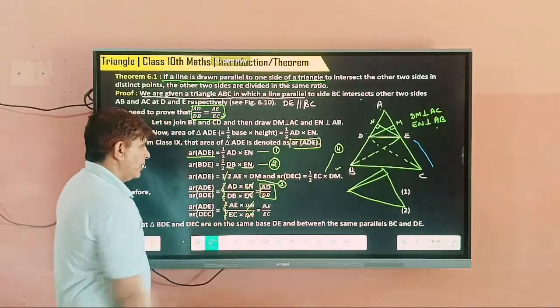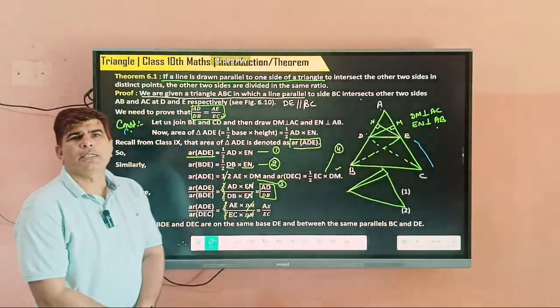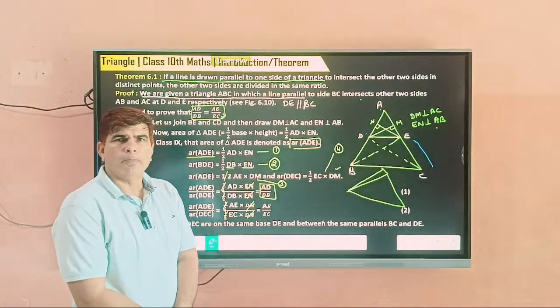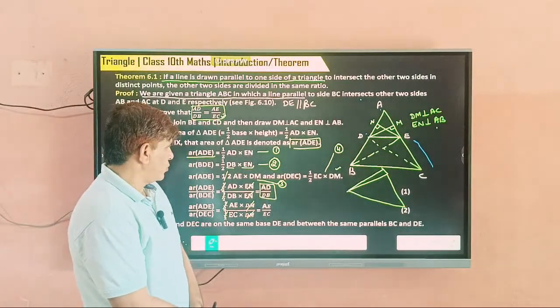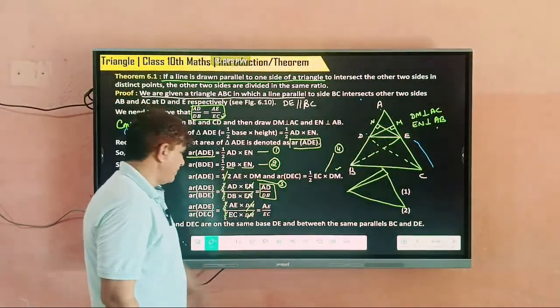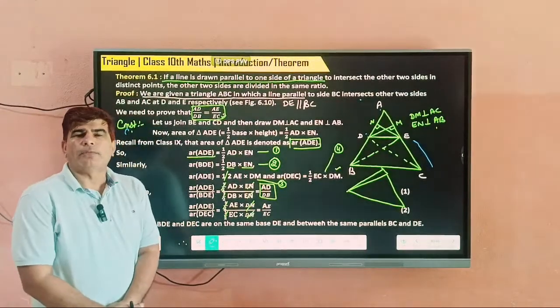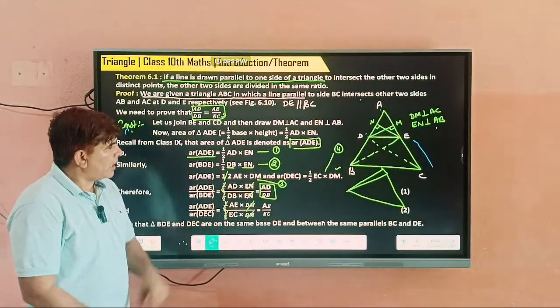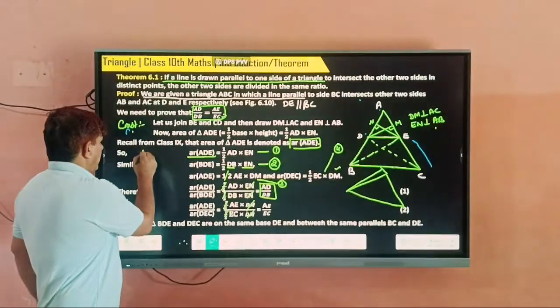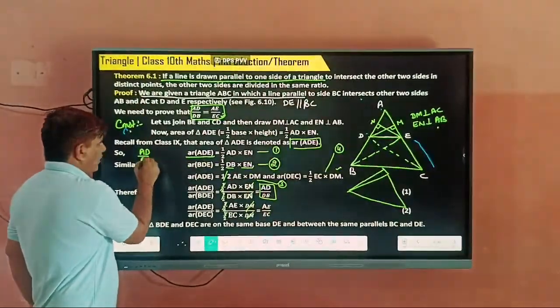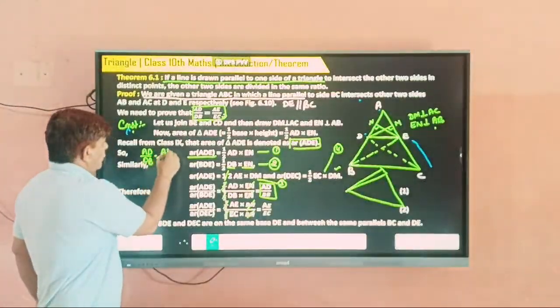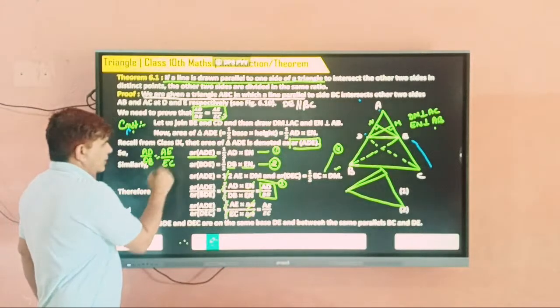What's left? AE by EC. So this came. Now how can we prove AD by DB is equal to AE by EC?